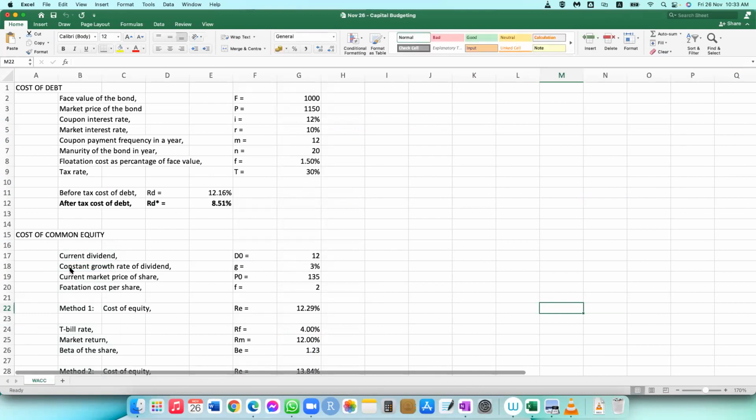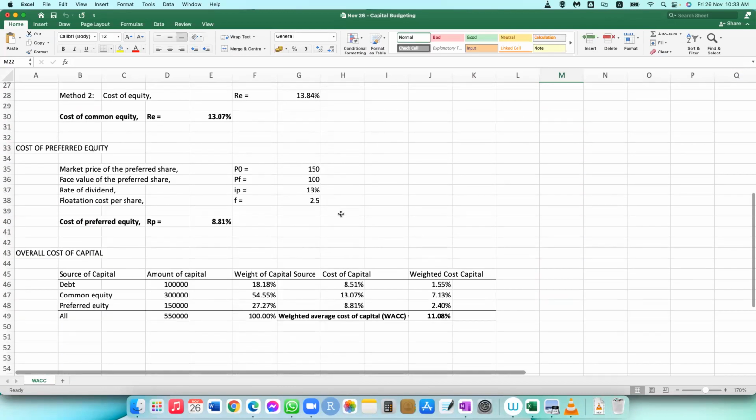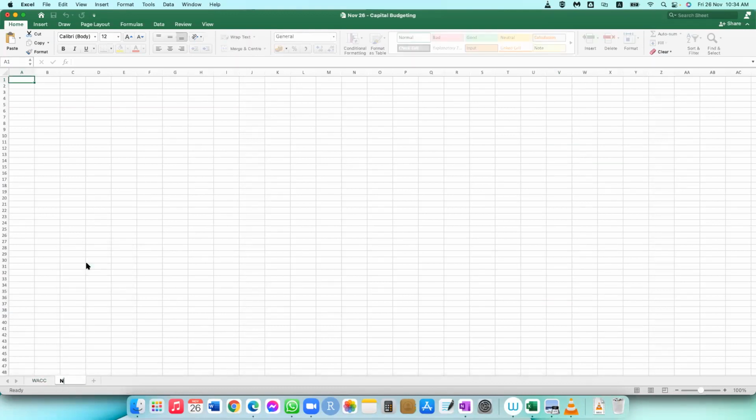Okay. So we have already done this weighted average cost of capital in the previous class. So we are going to use it as the discount rate, because you know the discount rate must be the weighted average cost of capital. So let us open a new worksheet and rename it NPV, or simply capital budgeting.